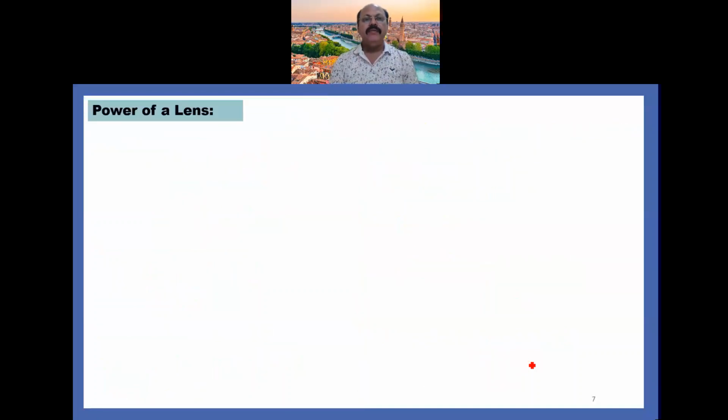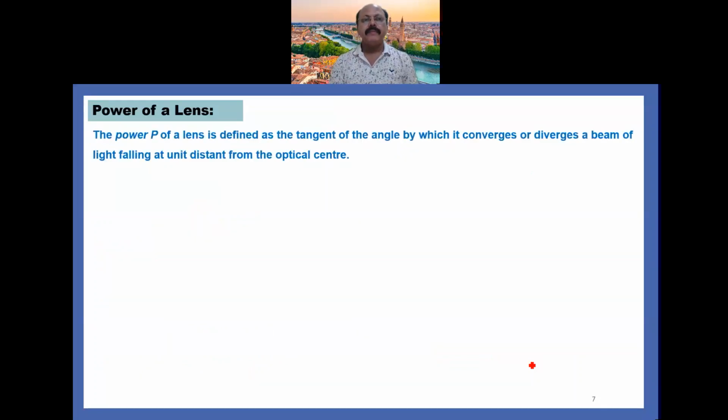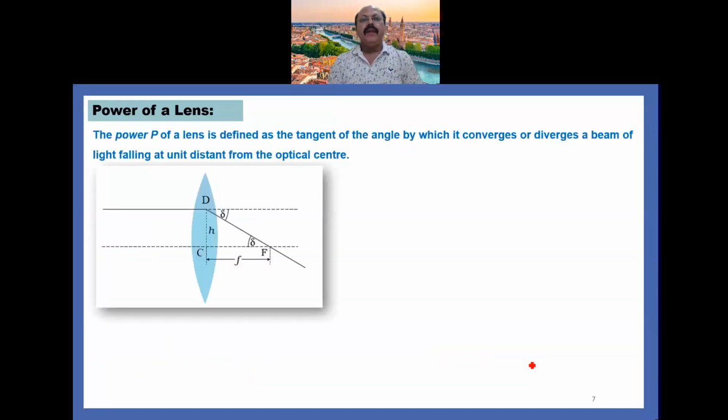Now power of a lens. Power of a lens is basically defined as the tangent of the angle by which it converges or diverges a beam of light falling at unit distance from optical center.